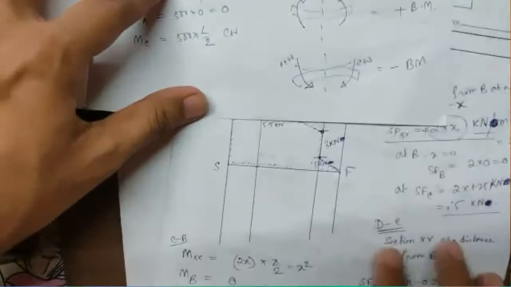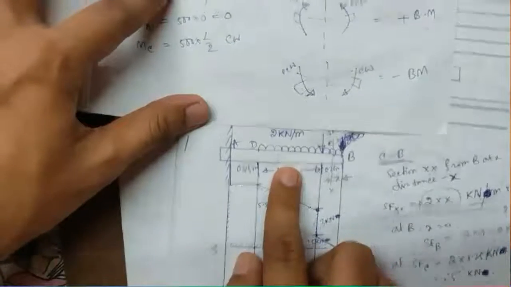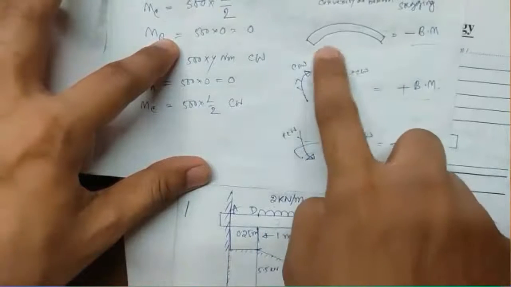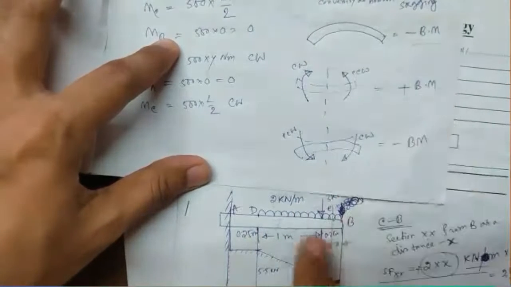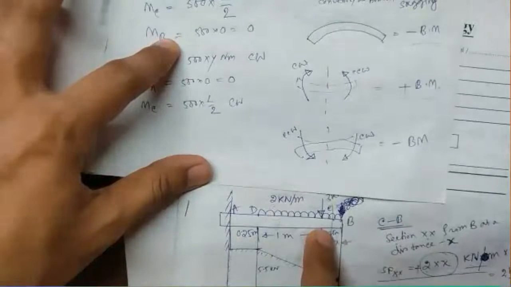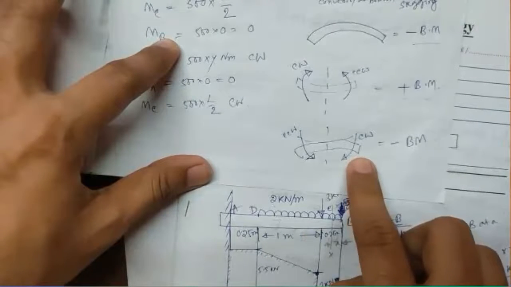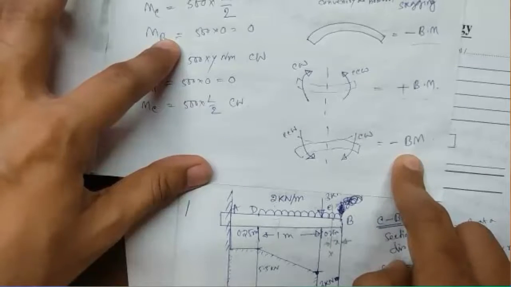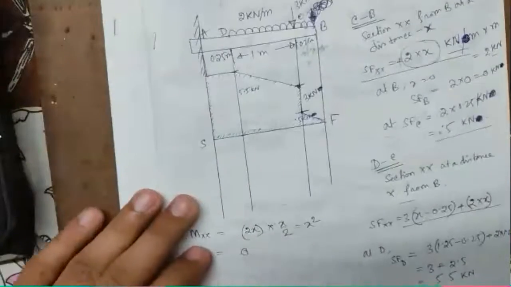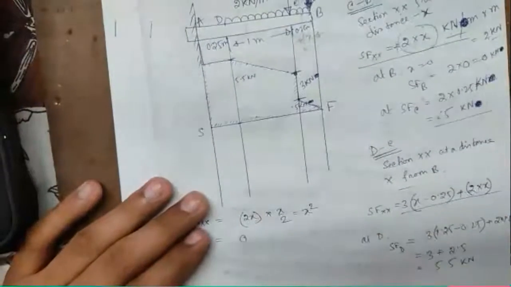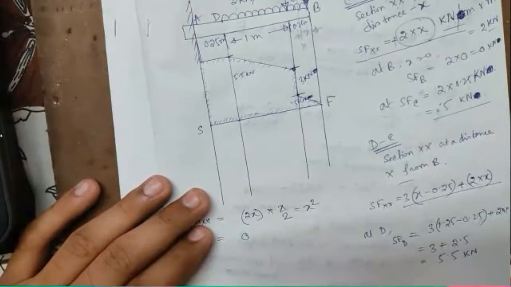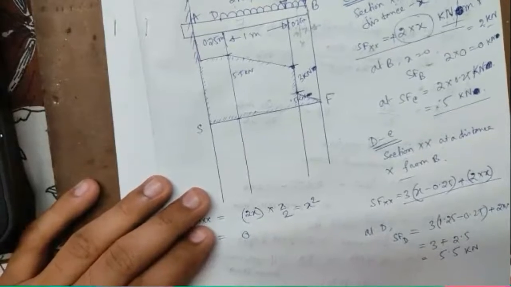The same thing is occurring here. The beam has a tendency to bend like this, so bending moment will be negative, and the right hand section facing this clockwise moment will be negative bending moment as we have discussed earlier. Similarly it will be a negative bending moment throughout, because all the forces are acting on the right hand side in a clockwise way.